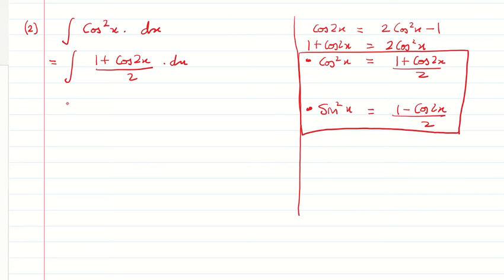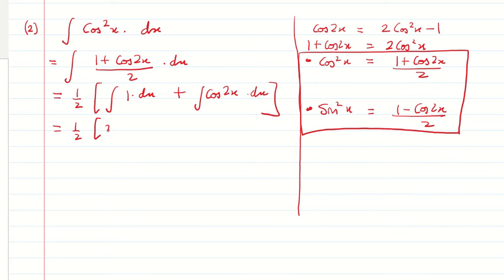So half integral of 1 plus integral of cos 2x dx. So that is half. This is x, and integral of cos 2x is what?